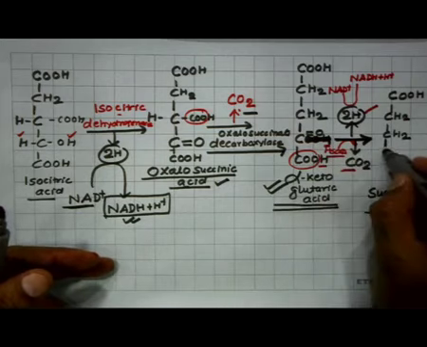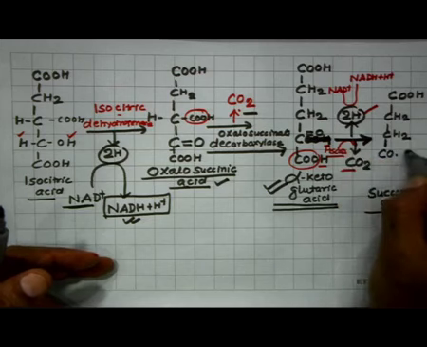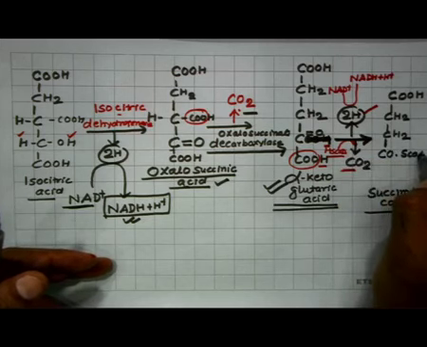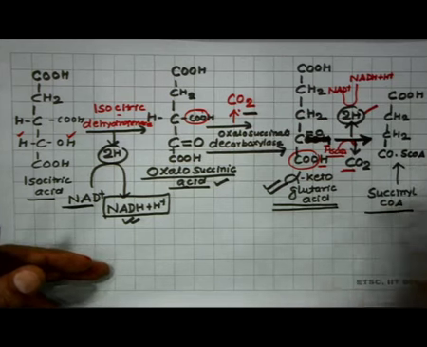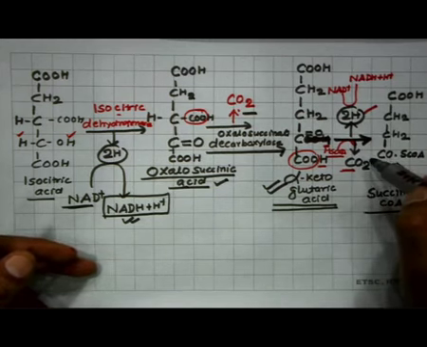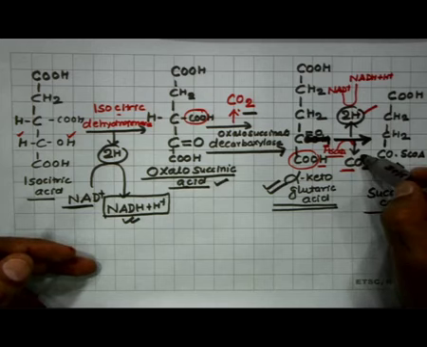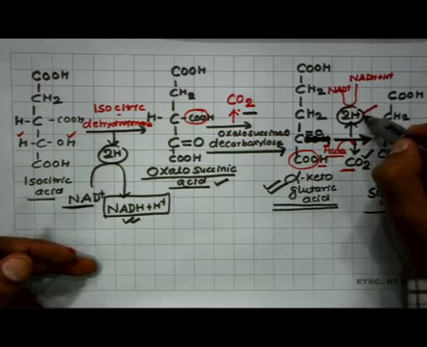So, only CO is here and SCoA. So, this structure is called succinyl coenzyme, and here two things are going to happen: decarboxylation as well as dehydrogenation.